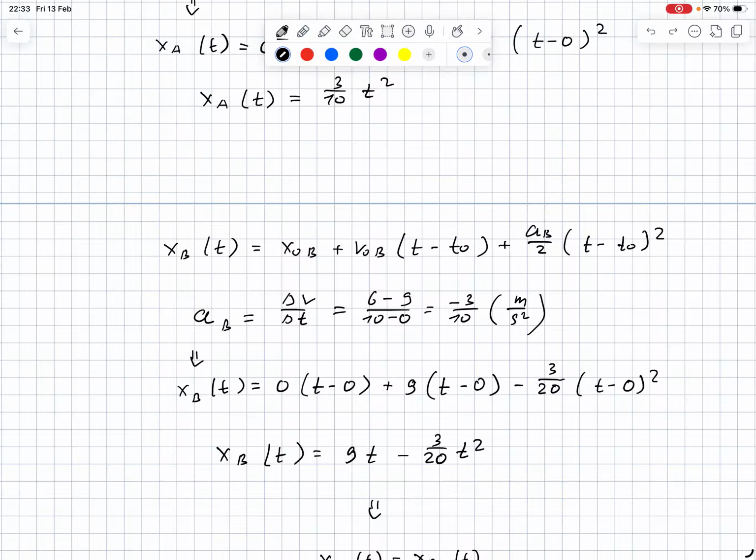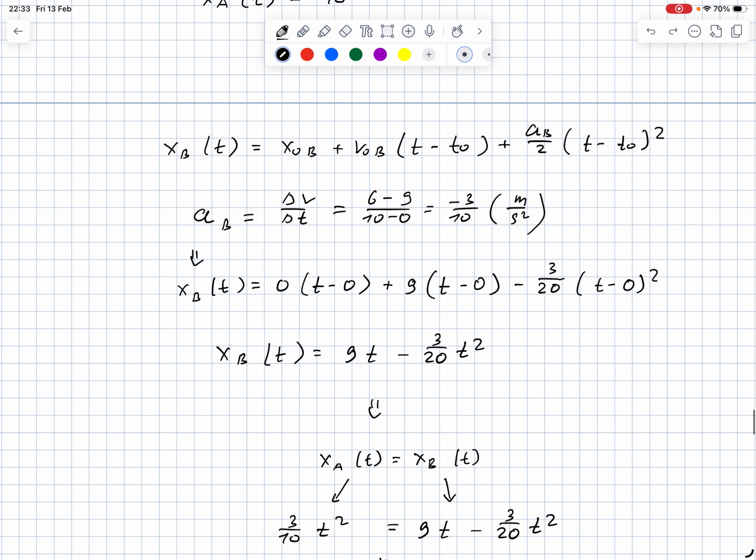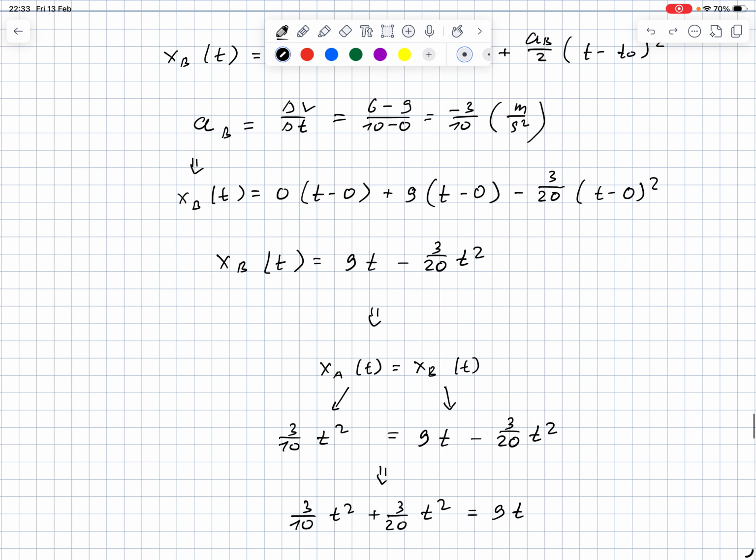Now, if we want to calculate the position and time when those two objects actually pass each other, it's common sense to say that we need the position to be the same for A and B. So we're going to substitute the expression of xA of t with the function that we found before.